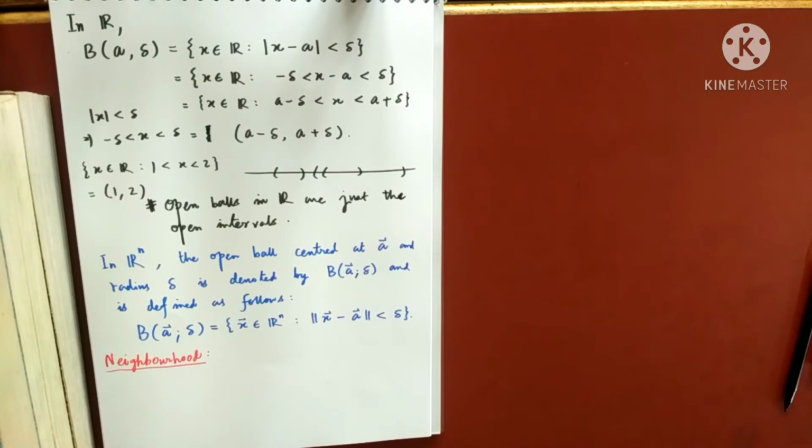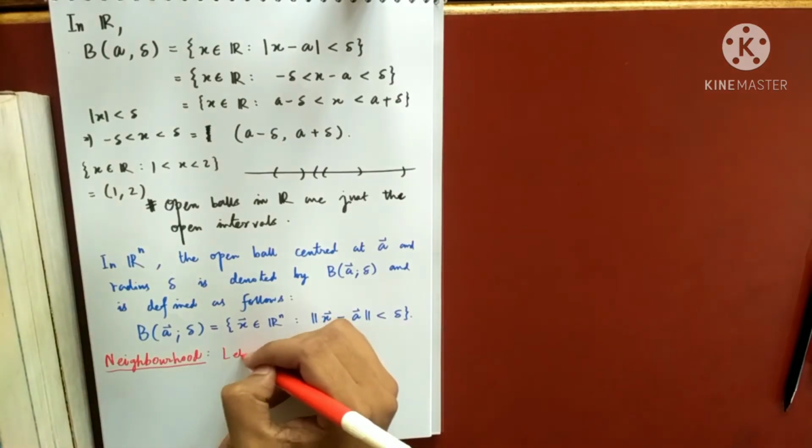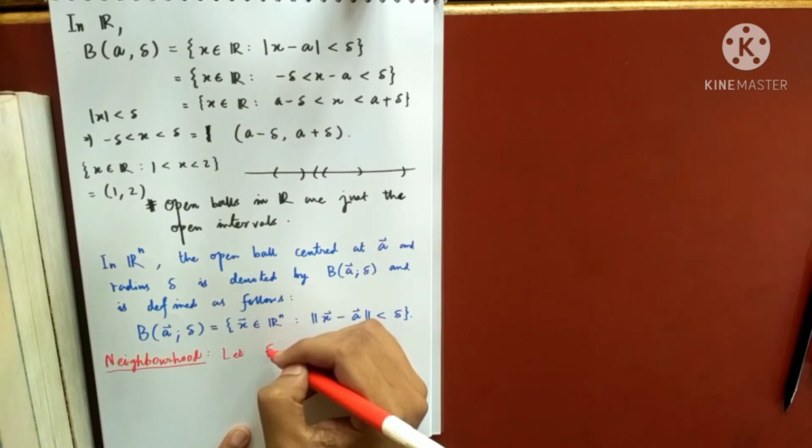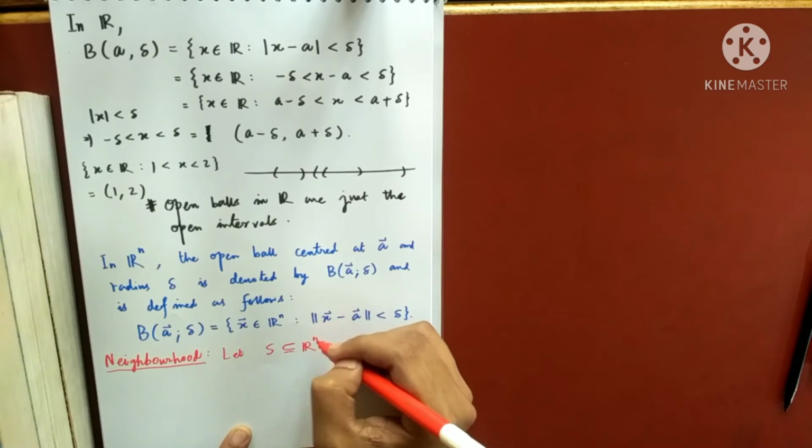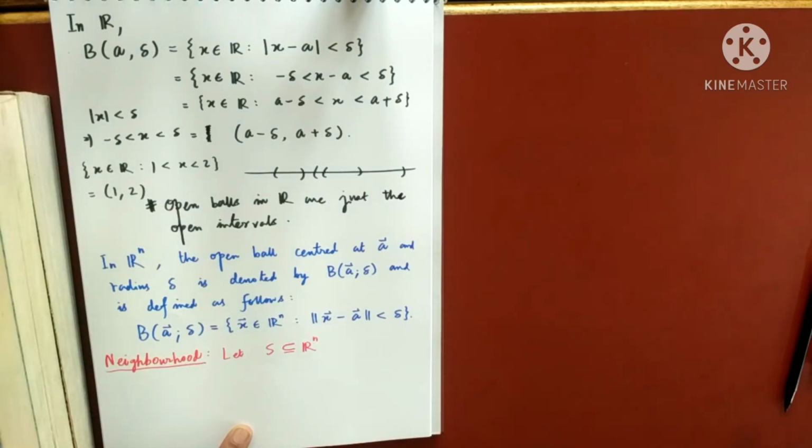Similarly, you read real analysis and see what the definition of neighborhood is and compare with what I am giving here. This is for Rn in general and that was for R in particular. So let me state: let S be any subset of Rn. When I am talking about R2, I am taking a subset of R2. If I am talking about R3, I am taking a subset of R3.